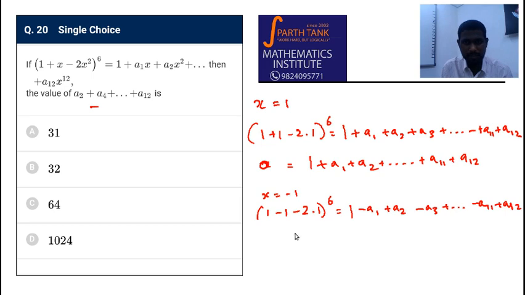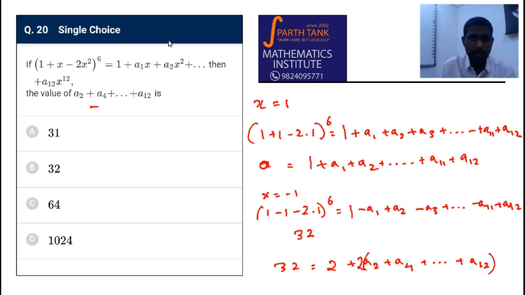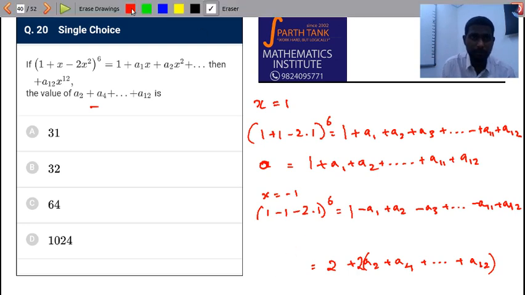Minus 2 raised to 6 is 64, silly mistake there. So add these two, you get 64 is equal to 2 times (1 plus a2 plus a4 and so on up to a12), and all the odd terms will get cancelled. So you'll have a2, a4 up to a12, but remember all those will be represented twice. There's an a2 here and an a2 here.